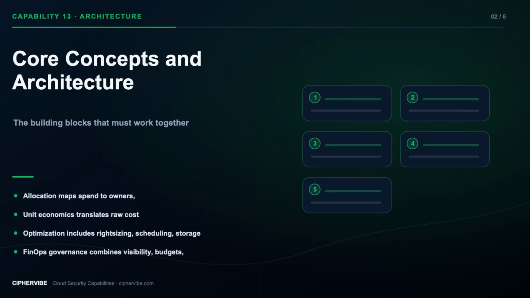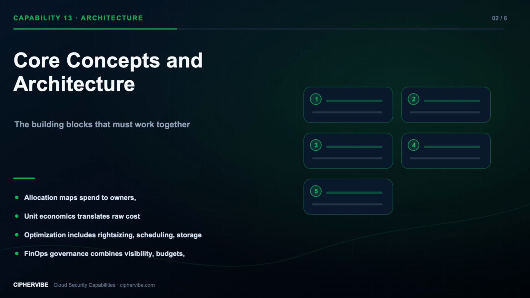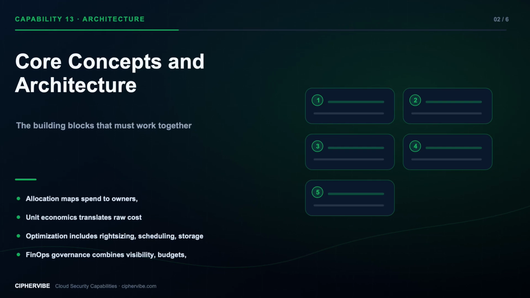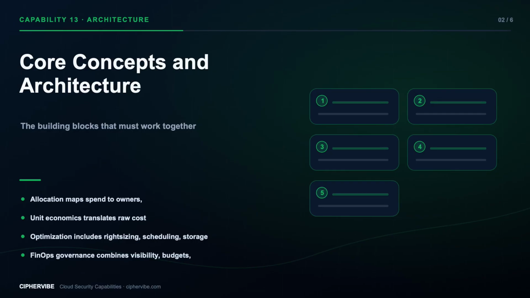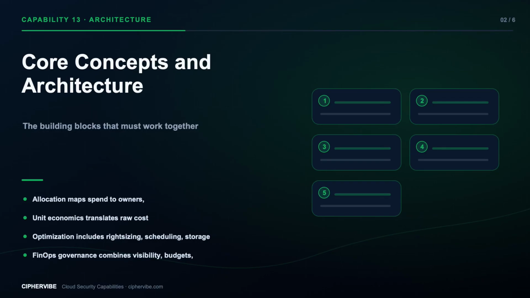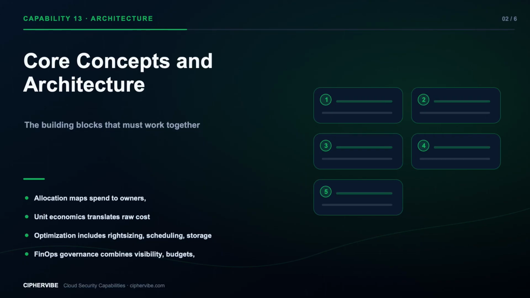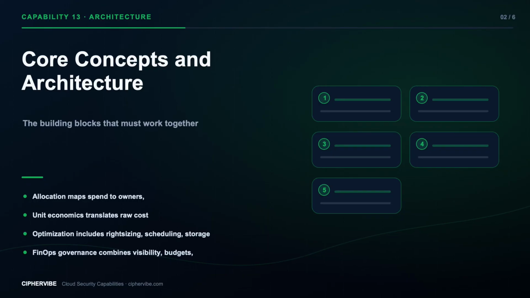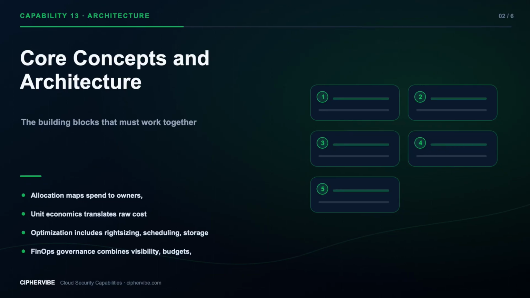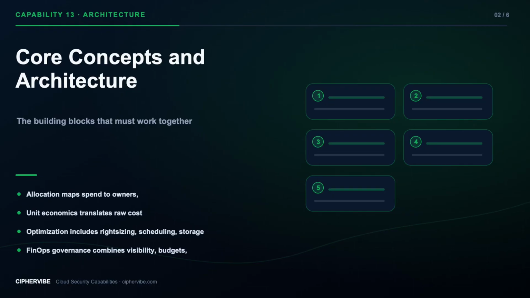The capability should create a traceable chain from source evidence to a security decision and then to an accountable action. First, allocation maps spend to owners, products, environments, customers, and business outcomes using accounts, tags, labels, and billing data. Second, unit economics translates raw cost into measures such as cost per transaction, customer, workload, model inference, or protected asset.